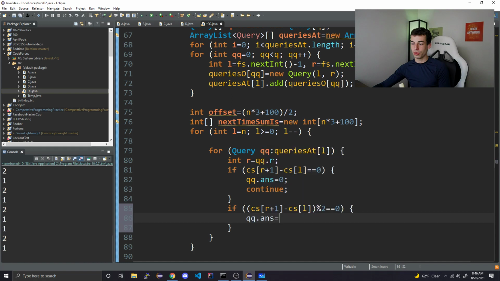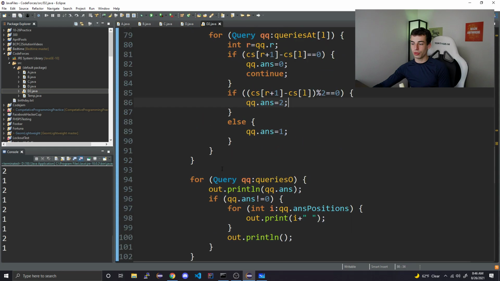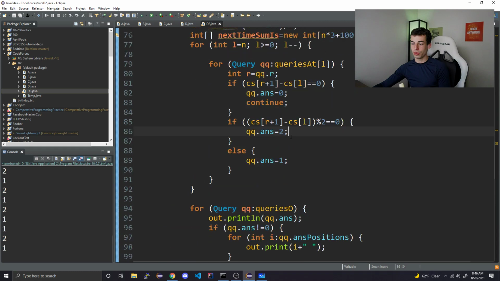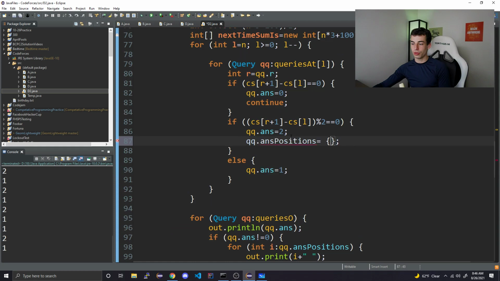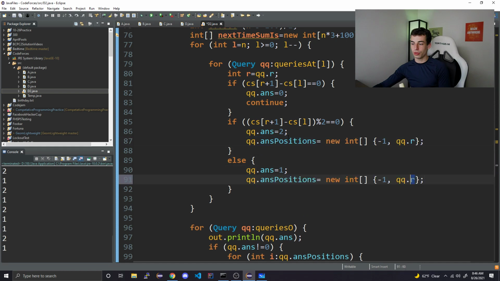Then qq.ans equals 2, else qq.ans equals 1. So in this, let's say qq.ans positions equals we don't know, and then this will be qq.R. We'll remove the last one. Otherwise, this will be just we don't know.